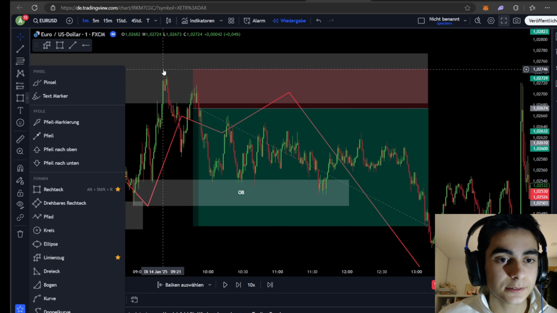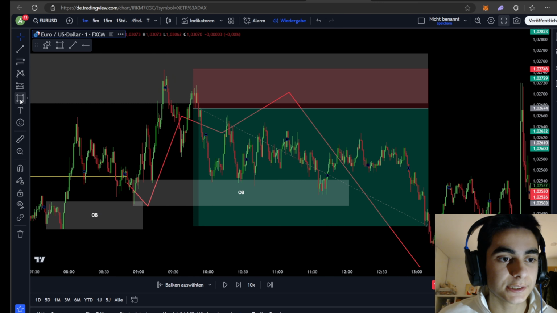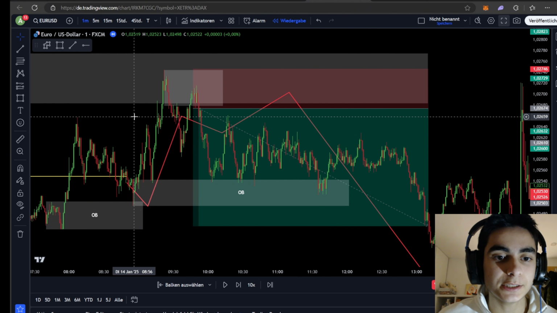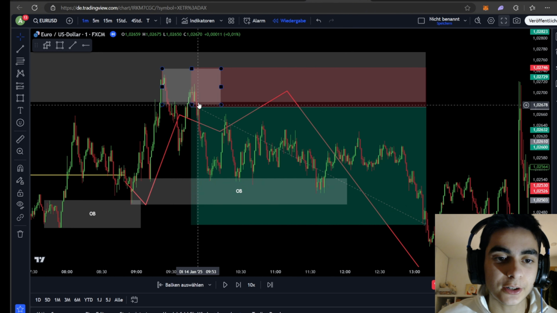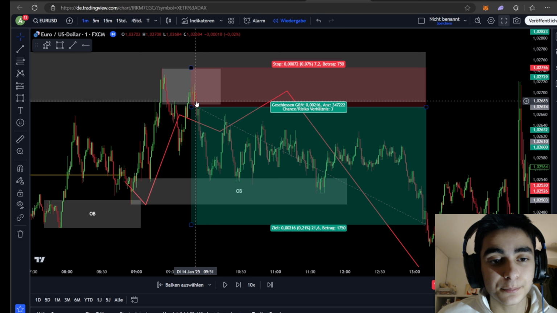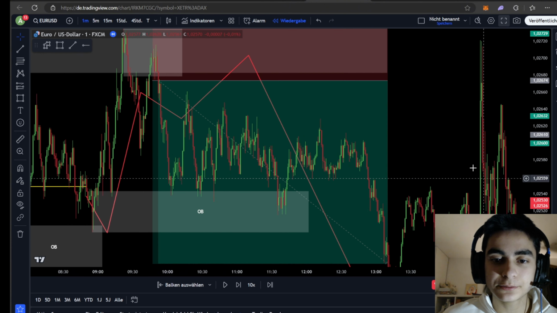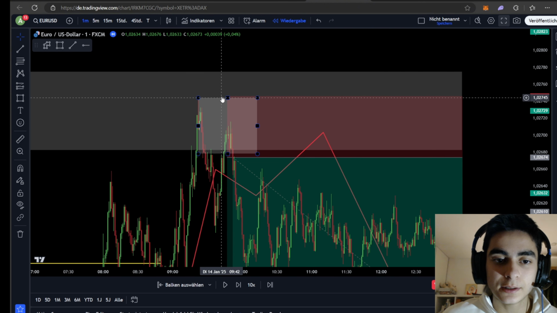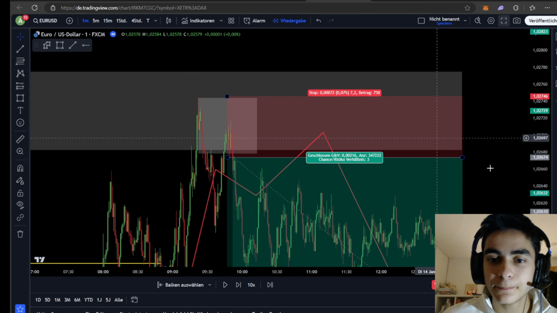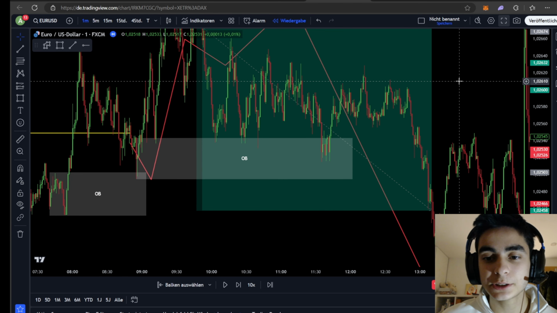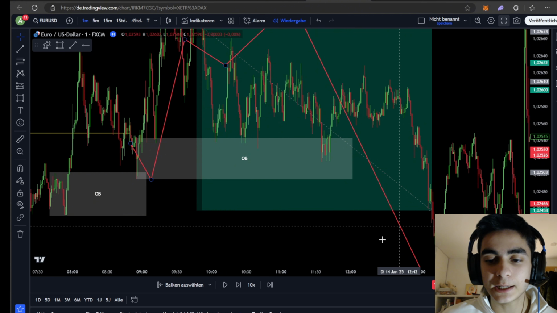On this mitigation of this zone where price had this reaction, I just entered when I saw an engulfed bearish candle. So that's where I took action and had my stop loss at this high with a 7 pip stop loss, which is in our good range, aimed for 1 to 3 like always.